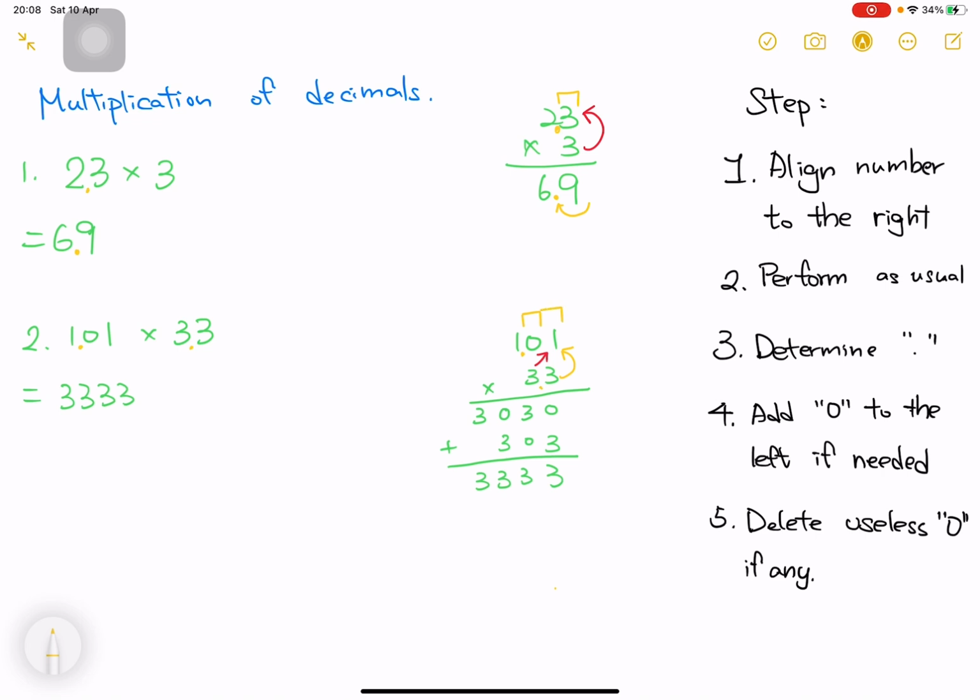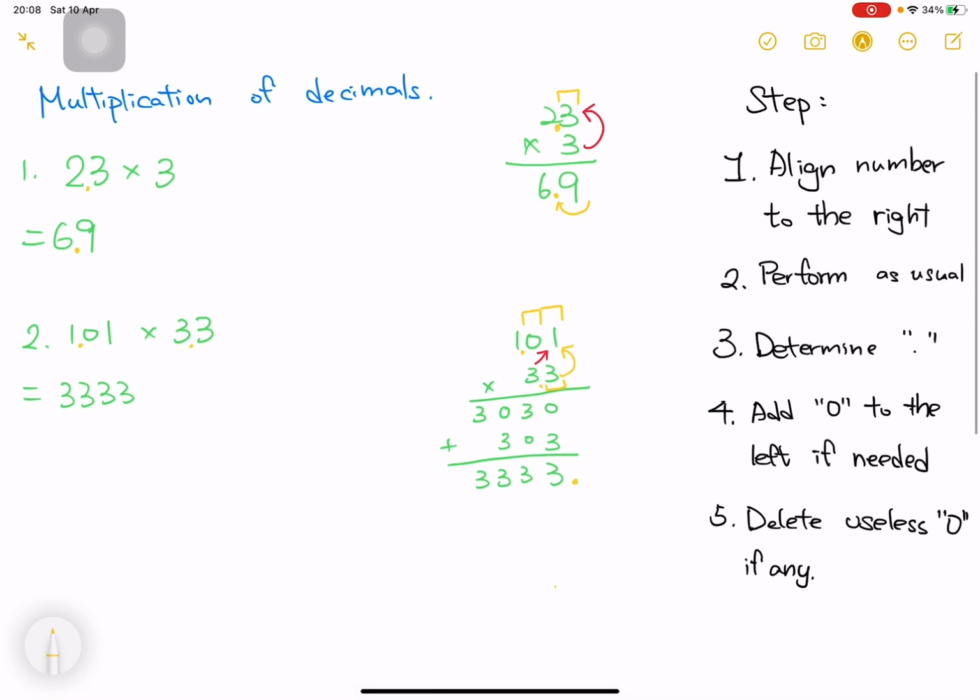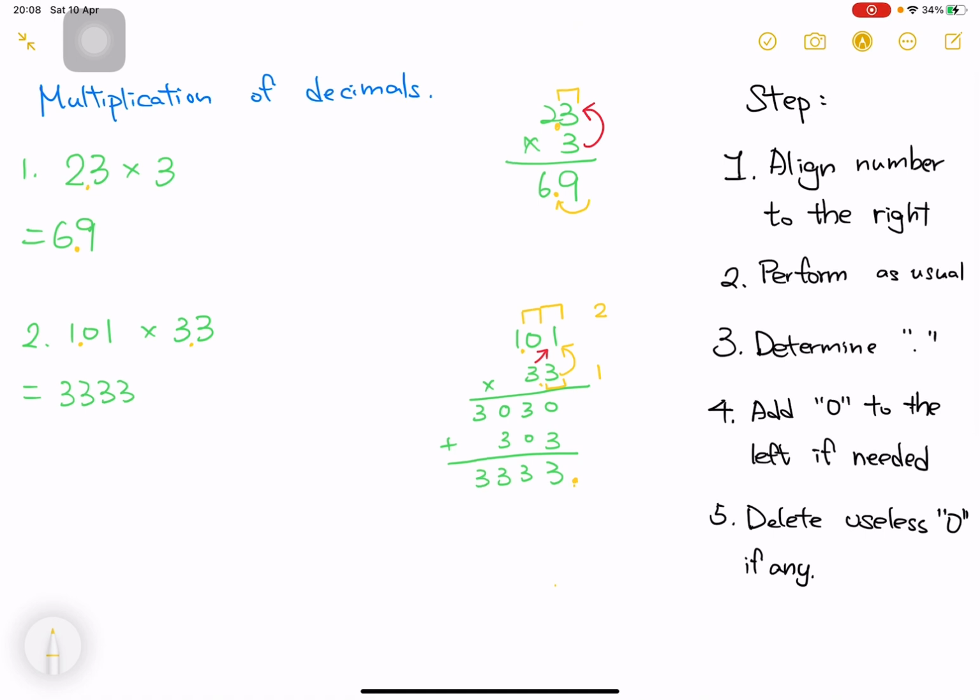The first number has 2 decimal places, and the second number has 1 decimal place. So altogether you have 3 decimal places, and you have to move your decimal point to the left 3 times: 1, 2, 3.